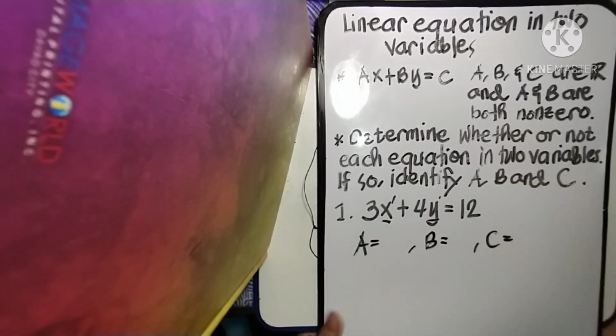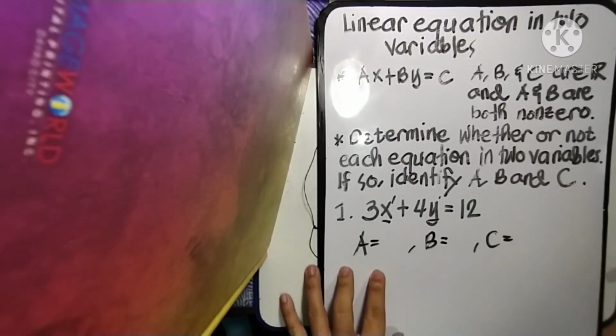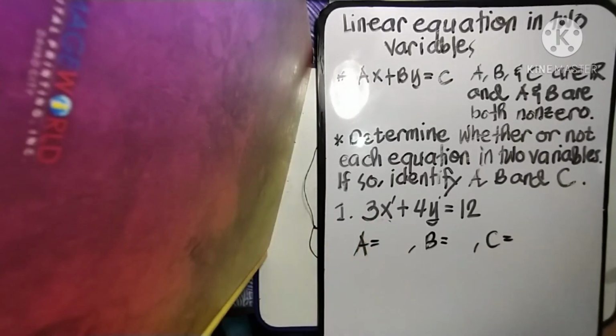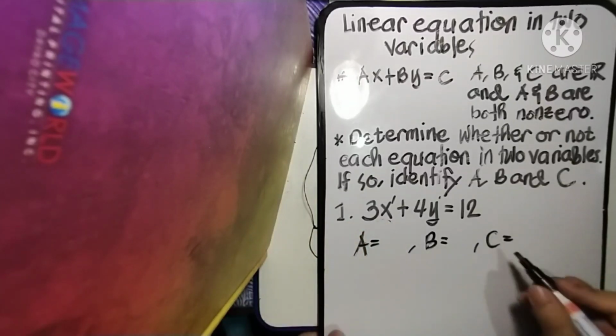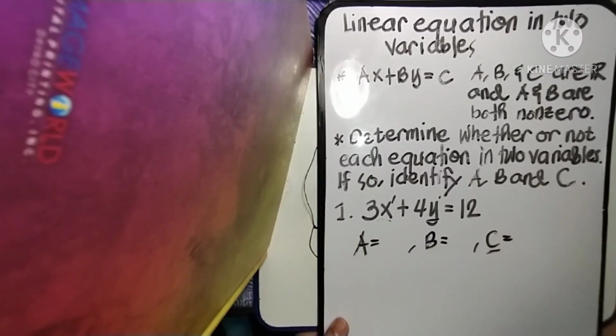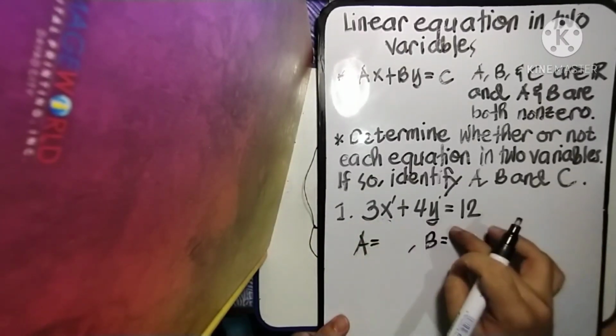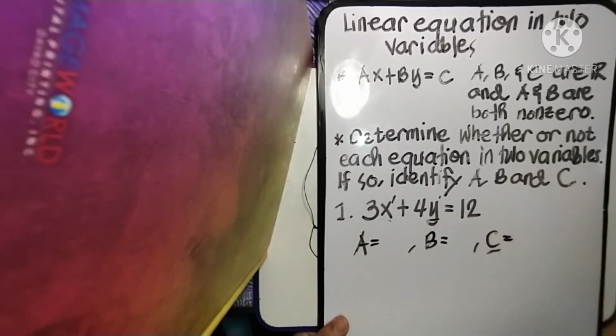Okay, so makabalo ta that the value of a is beside the variable x, and the value of b is always beside the variable y. Then c is our constant. Okay, so based on this presentation, the constant is 12.